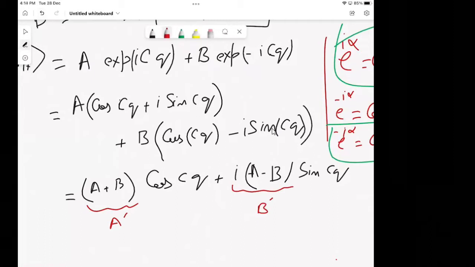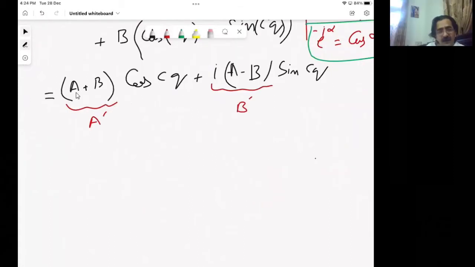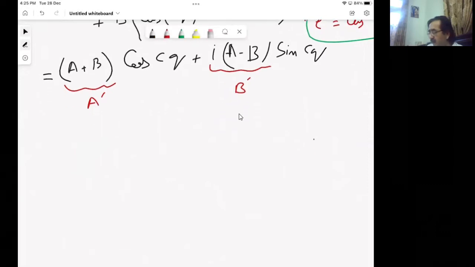When we add a constant with a constant, the result will be a new constant. A plus b will be replaced with the new constant a prime, and a minus b multiplied by iota is also a constant. You know that iota is a constant, so iota a minus b is also a constant. So I replace this with another arbitrary constant, b prime.